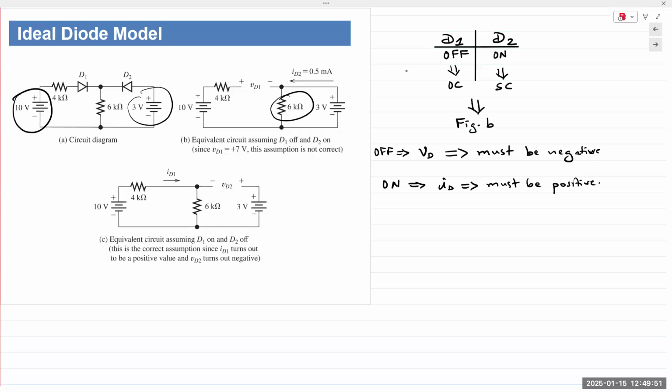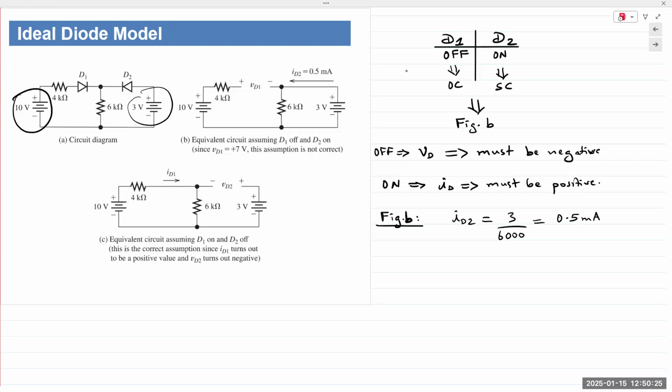Apply Ohm's law, and for figure B, you find ID2 as 3 divided by 6,000, so 0.5 milliamps. Positive value. So far, so good.